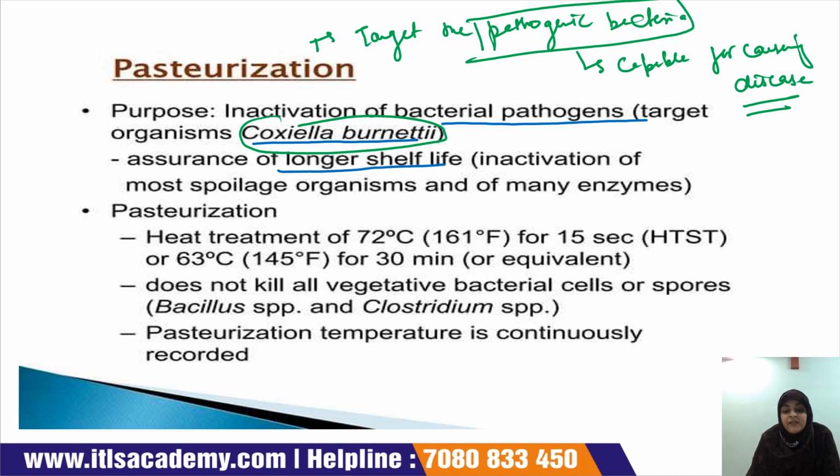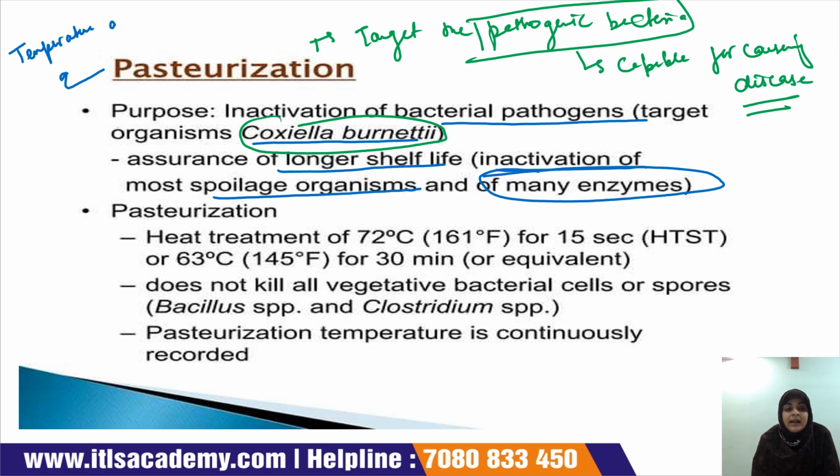Assurance of longer shelf life, inactivation of most spoilage organisms and many enzymes. Pasteurization is basically a combination of temperature and time. If we give heat treatment at 72 degrees Celsius, the time will be 15 seconds, and this process is called HTST, high temperature short time.